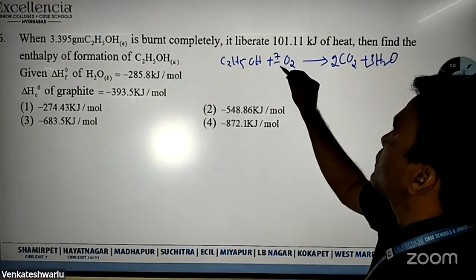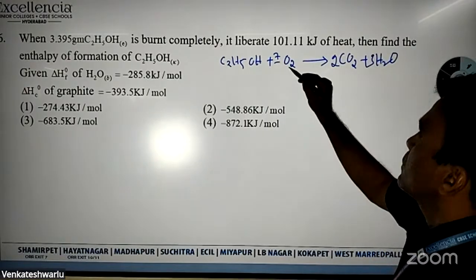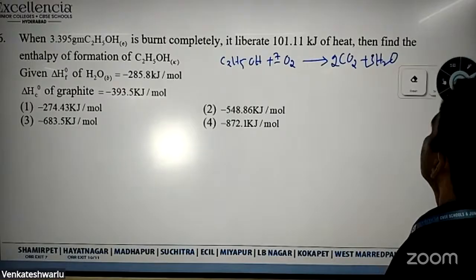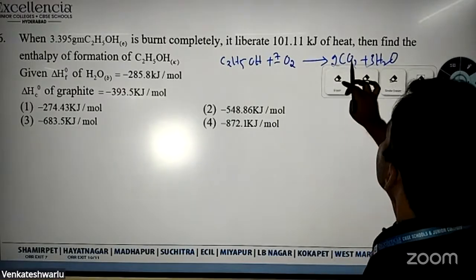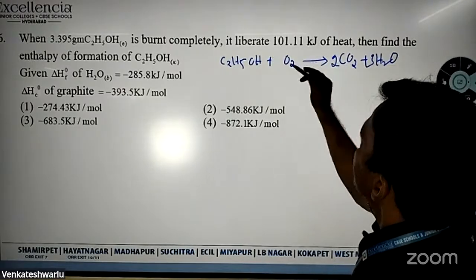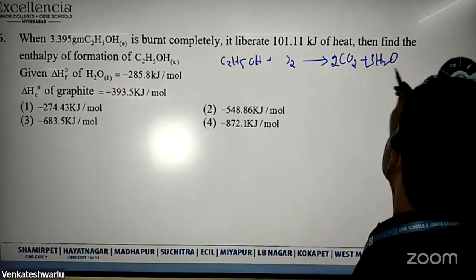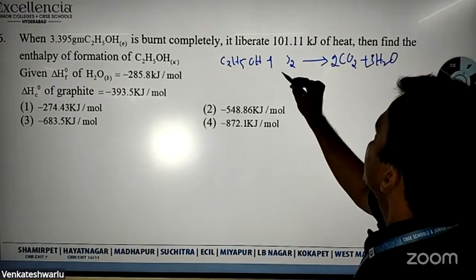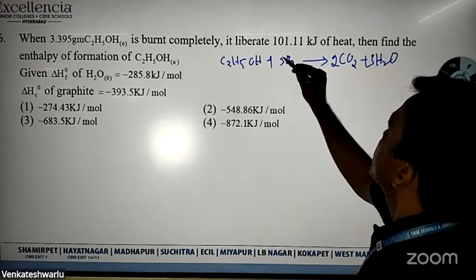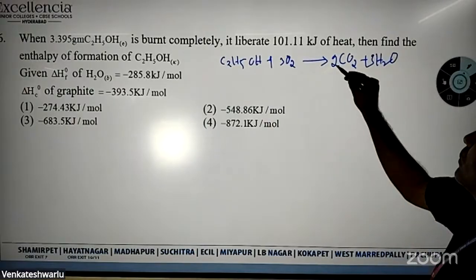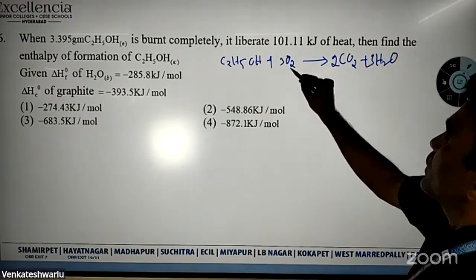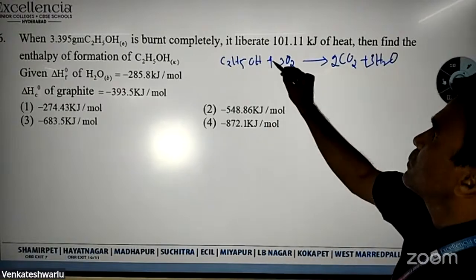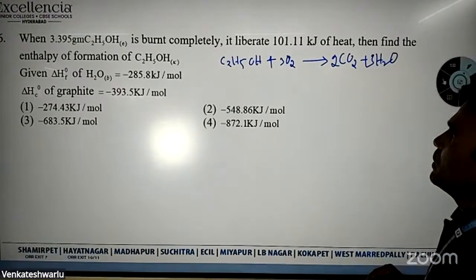Sorry, already one oxygen is there, so 3 O2 is enough. Yes, 3 O2. 2 into 2 is 4, 4 plus 3, 7, and 3 plus 3 is 6, plus 1, 7. Right, so this is a balanced equation.